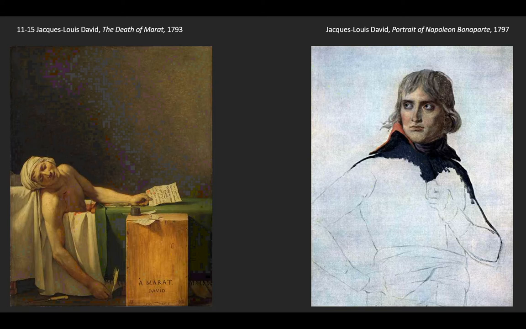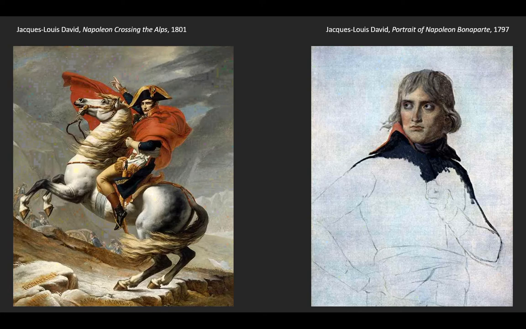And so this unfinished portrait on the right is a very early portrait of Bonaparte, unfinished, and before the coup was mounted. So, 1799, Bonaparte mounts a coup to take over the revolutionary government. From that point forward, David becomes Napoleon's portraitist of choice.